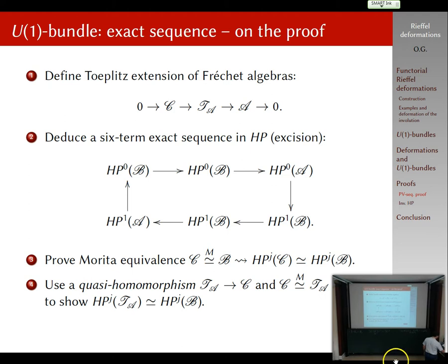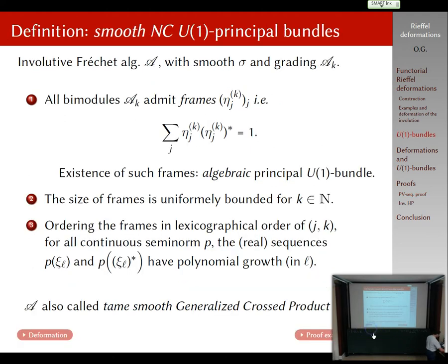Actually, it's really at this point that we use the condition that the size of frames is uniformly bounded, because we depend on previous work by Joachim Kuntz, in which he doesn't require this condition precisely, but something akin to that. So the two analytical conditions which are here come from this Morita equivalence business.